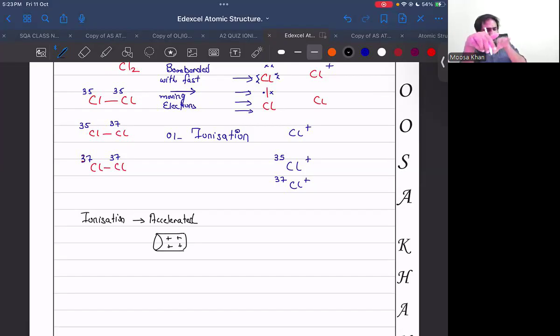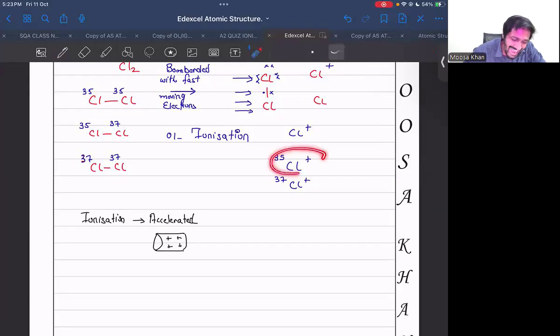So instead of going in all directions, the positive ions move in a straight line. No, that's not electrolysis. I was saying if you have studied the cathode ray oscilloscope back in grade 11, I don't know if it is in the physics syllabus or not, but we just have to move these positively charged ions at a very high speed, right?